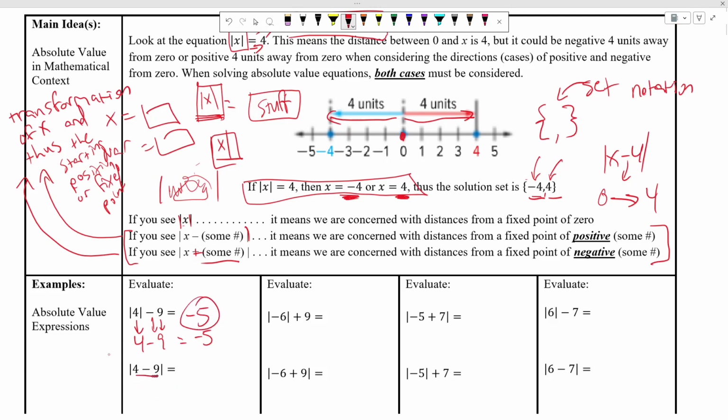So once this is in simplest form, I can then perform the transformation of taking the values and transforming them into distance units. Right now, this one is not in simplest form. There is stuff that can be done to consolidate this down into a single numeric value. Inside of these absolute value bars, you can perform the operation indicated here for -9. This itself is -5, and you still have the absolute value bars.